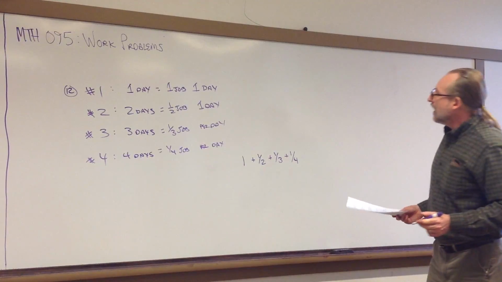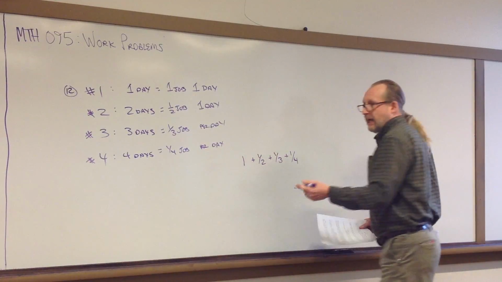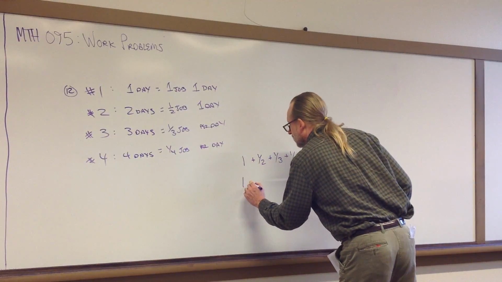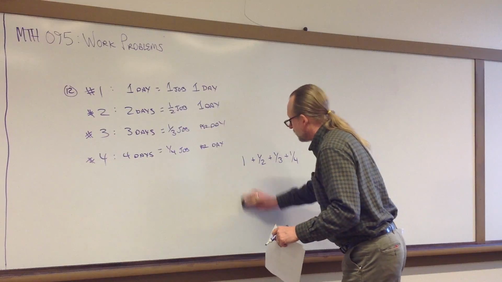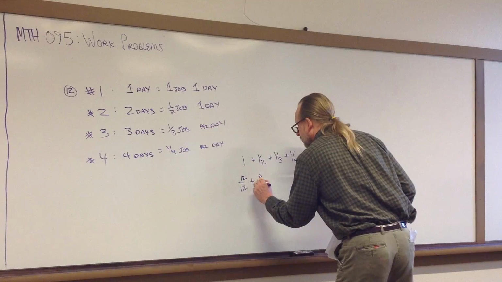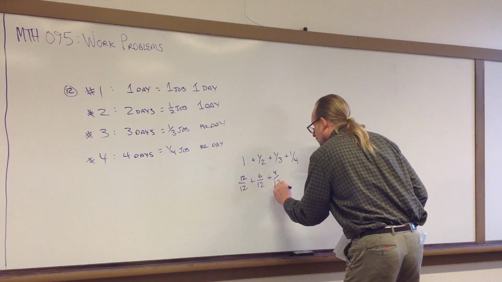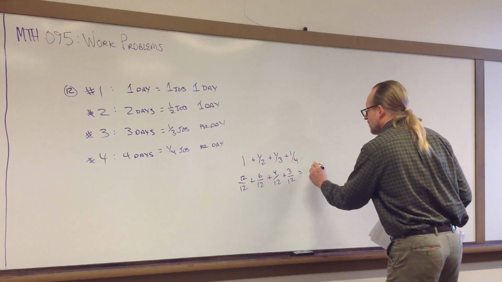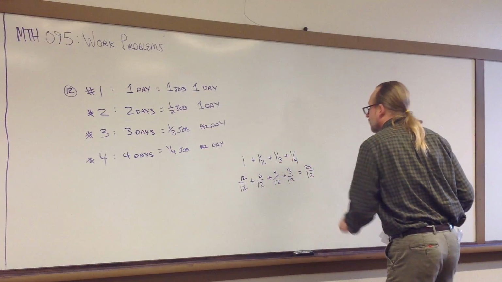All right. Now, again, you can add these on your calculator. I'm going to create common denominators here. So this will be 12/12, 6/12, 4/12, and 3/12. So together we get 18, 22, 25 over 12.